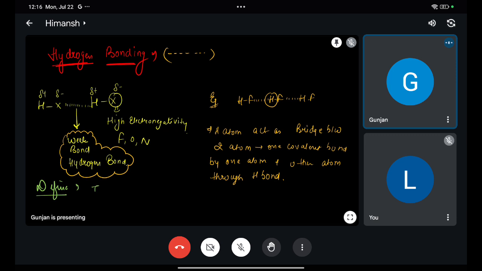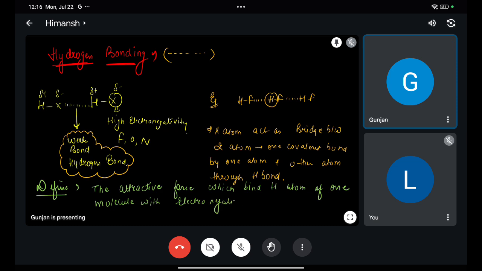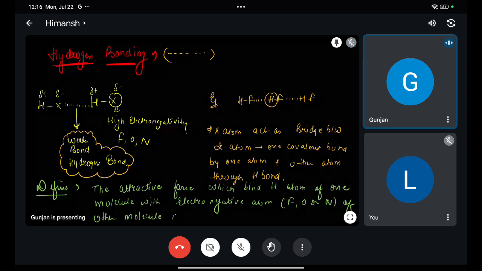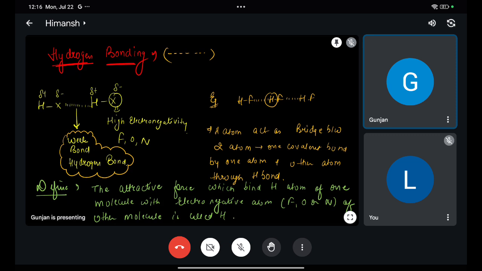The attractive force which binds the hydrogen atom of one molecule with an electronegative atom like fluorine, oxygen, nitrogen of another molecule is called hydrogen bond or hydrogen bonding.